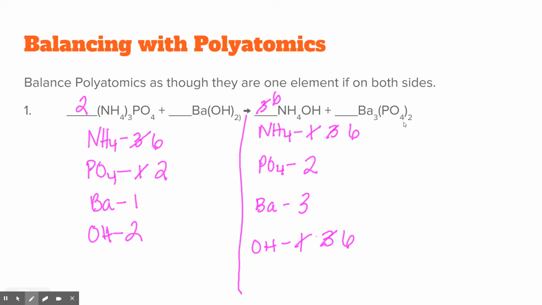The only thing left to balance is my barium and my hydroxide. If I multiply by 3, I'm going to get my barium to equal 3 and my hydroxide to equal 6.